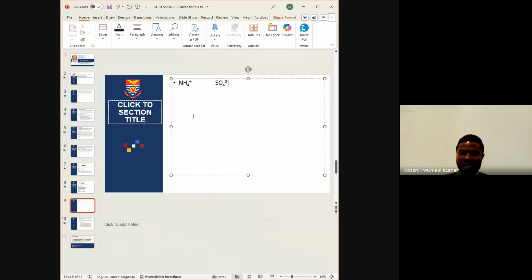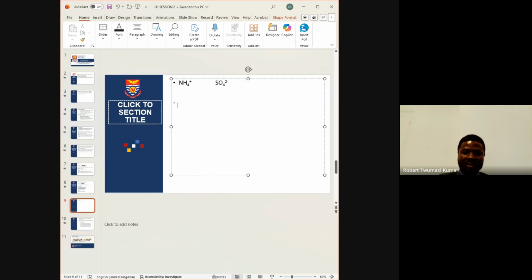We need to open a bracket, just as we did for the other ones. The ammonium is a radical, so the whole group has a charge of 1. So this whole thing is a radical, and if we are writing a subscript, then we need it in a bracket.